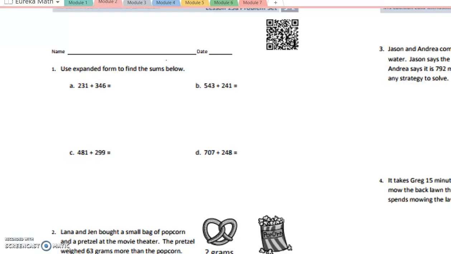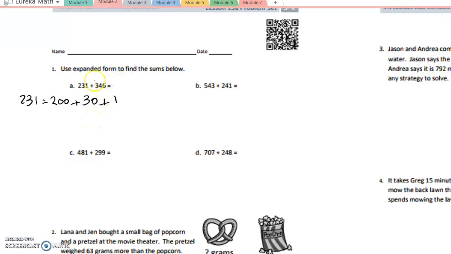If you remember from your younger grades, we learned that expanded form is when you take each digit and show it as its place value. So, for example, the number 231 is equal to 2 hundreds, or 200, plus 3 tens, which is 30, plus 1.